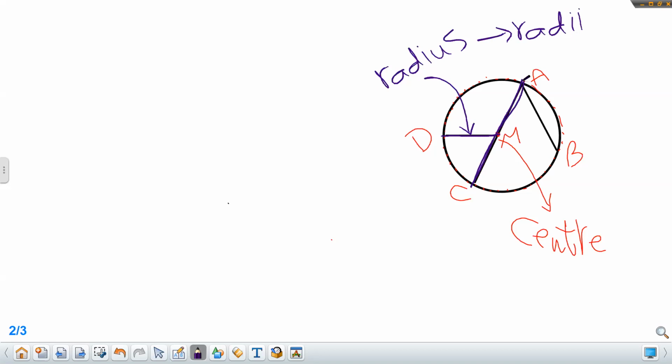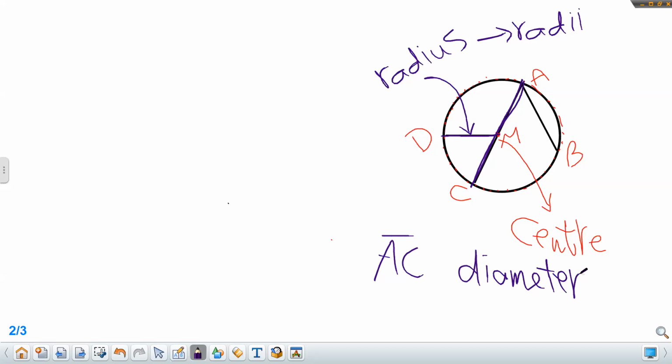Number three, what about AC? AC is a line segment joining 2 points on the circle and passes through the center.